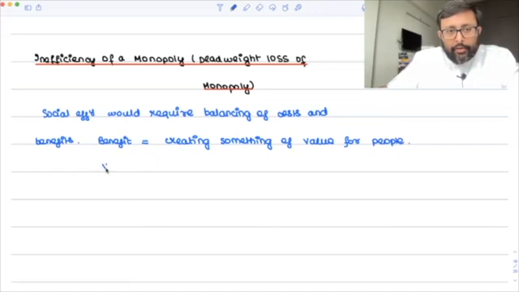And what is value? Value is what people are willing to pay for it. That is what is meant by value, right?